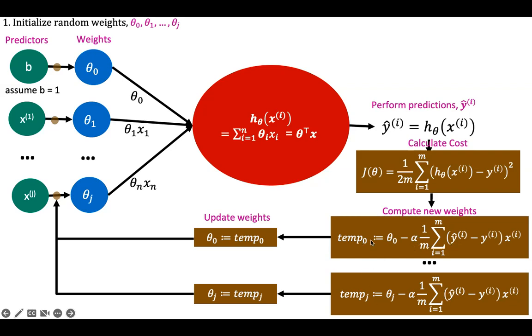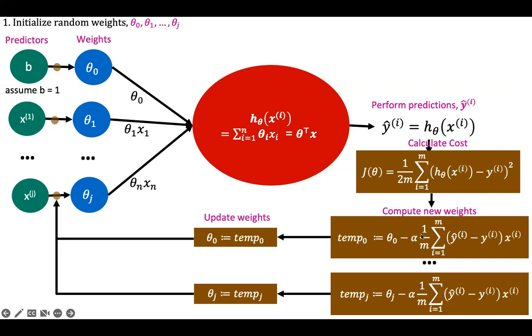We are going to do that for all of the data, and we are going to simultaneously update all those weights. This part, which is essentially taking the difference between the predicted and the actual and multiplying that by x, this summation part, is equivalent to the error transpose and x.